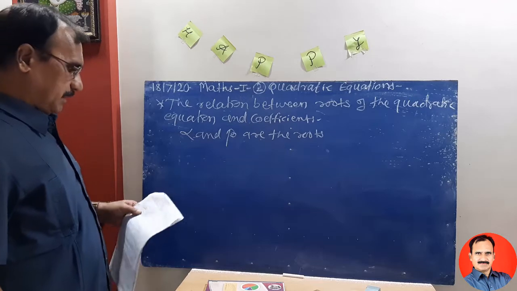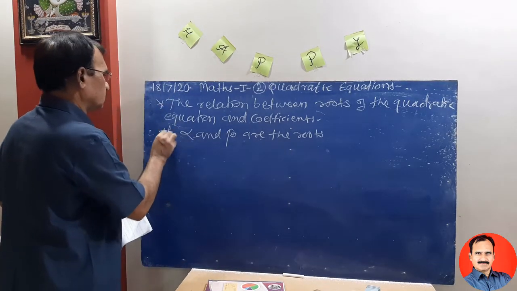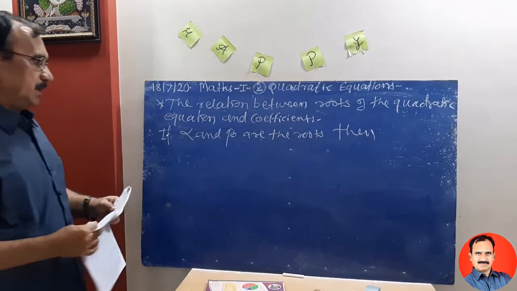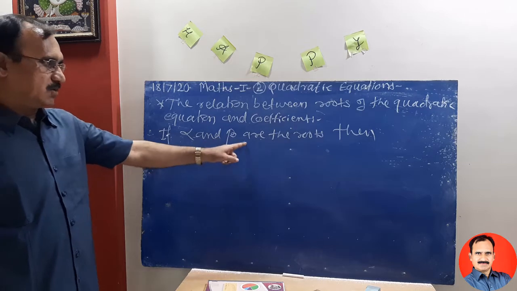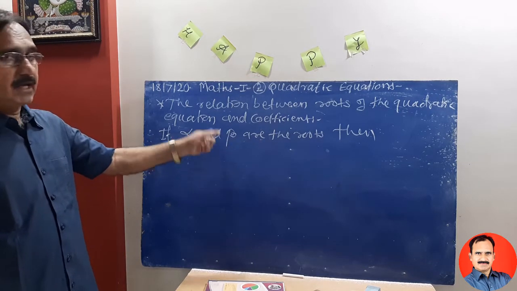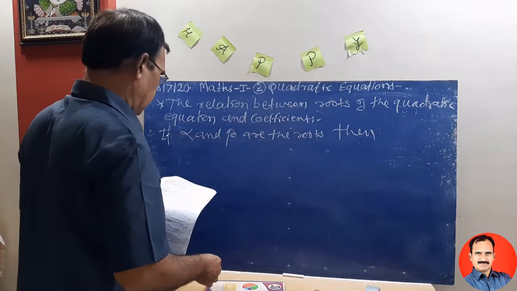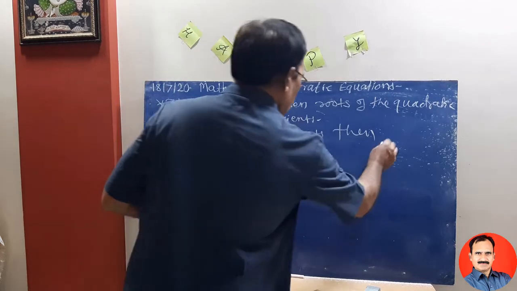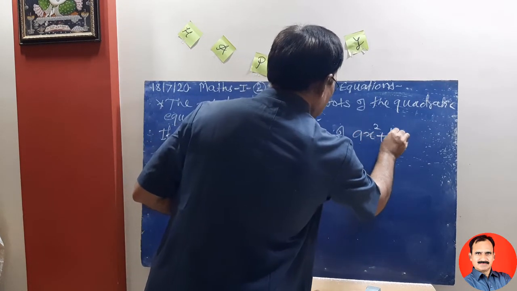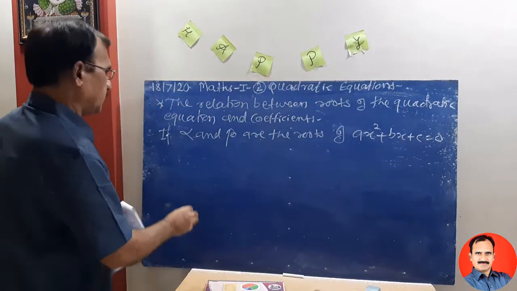If alpha and beta are the roots, then what is the relation between alpha, beta and a, b, c? Alpha and beta are the roots of ax square plus bx plus c is equal to 0.